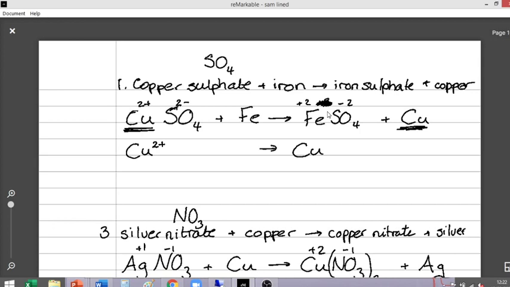Now, when we're writing half equations, we have got to check that there are the same number of chemicals and charges on each side. On the left-hand side here, there is just one block of copper. On the right-hand side, there is one block of copper. On the left-hand side, the overall charge is +2. On the right-hand side, there are no charges at all.